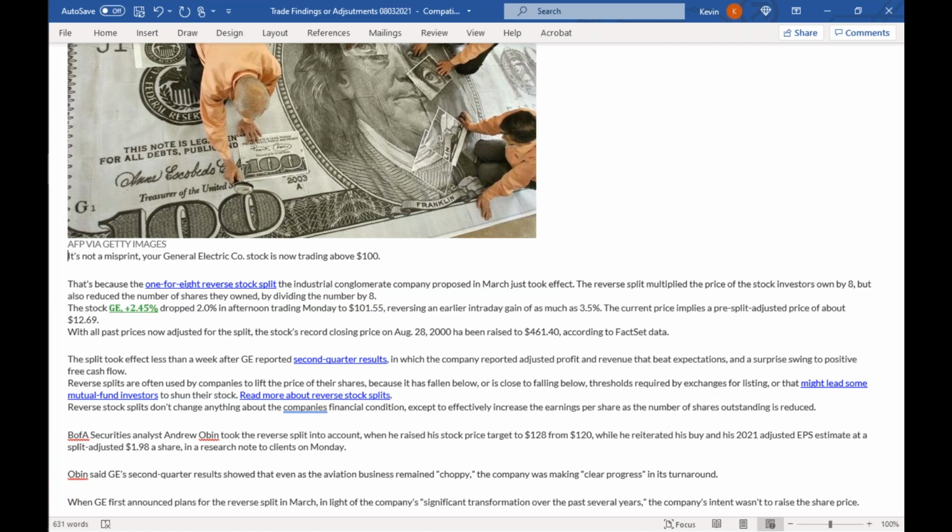It's interesting because the comment that was made here was that the 1 for 8 reverse stock split the industrial conglomerate company proposed in March took effect. The reverse split multiplied the price of stocks owned by 8, but it also reduced the number of shares they own by dividing by 8.